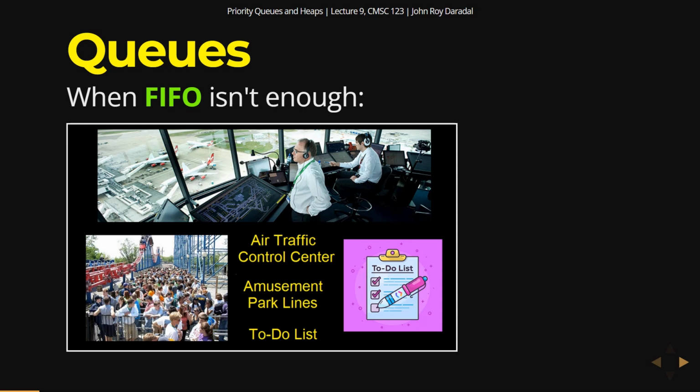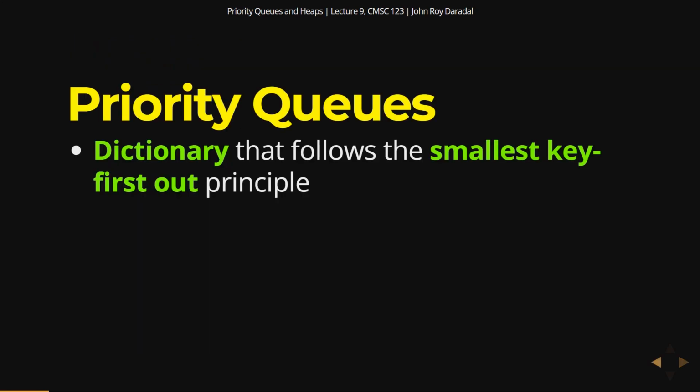So even if it's number 10 on the list, but if it has higher priority, then you have to focus on it, right? So in some cases, first in first out makes sense, while in some cases you need to consider the priority of certain things. So that is the idea behind priority queues.